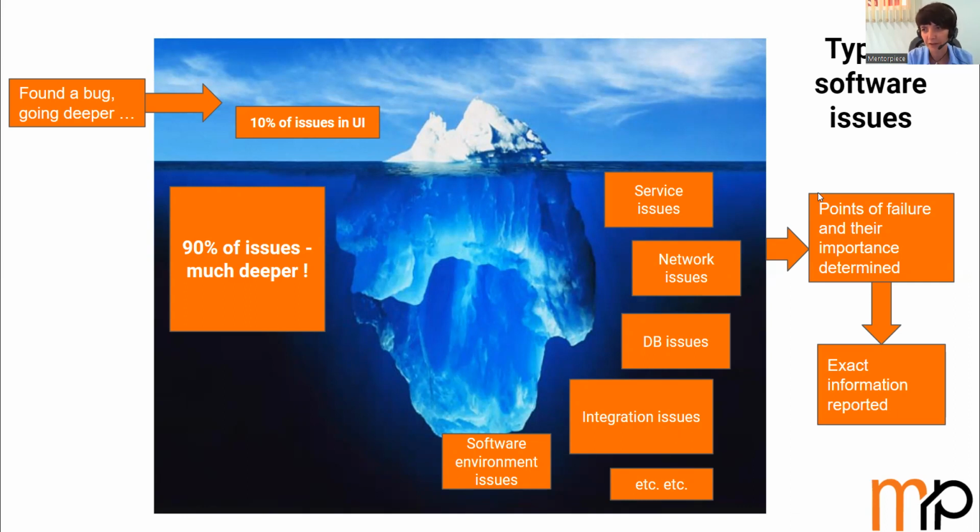That 10% is your user interface, the part that you can observe as a user. And all the other things are covered by the water and you cannot observe them as a user. But as only 10% of software is visible, only 10% of issues are visible for users.